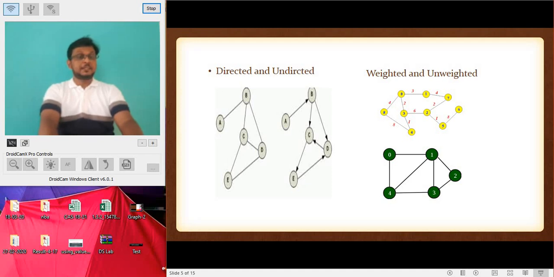Only the edges will have direction in a directed graph, in the undirected it will not have.